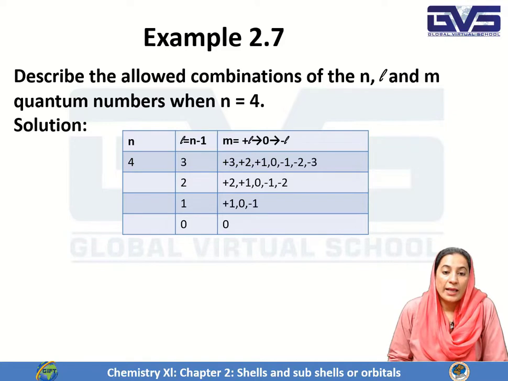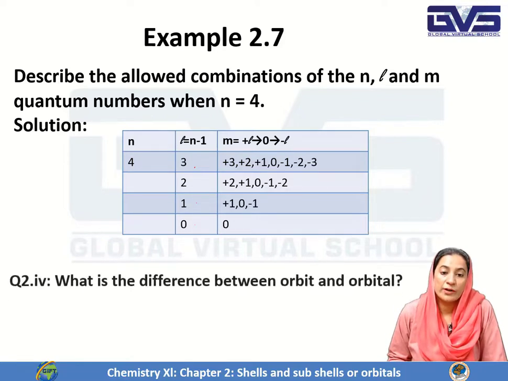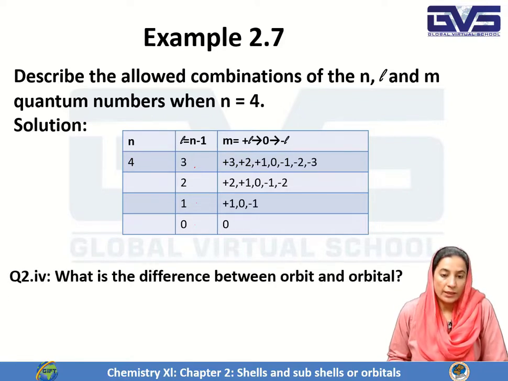So when n is 4, it has 4 subshells, that is s, p, d, f, and the magnetic quantum number values for f will be 7, for d it will be 5, for p it will be 3, and for s it will be 1.